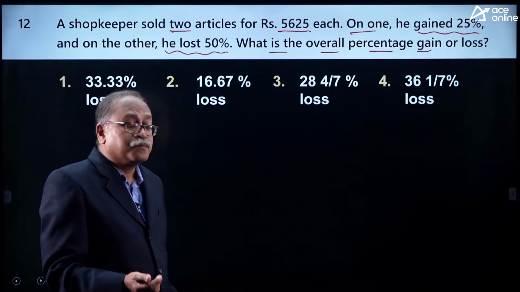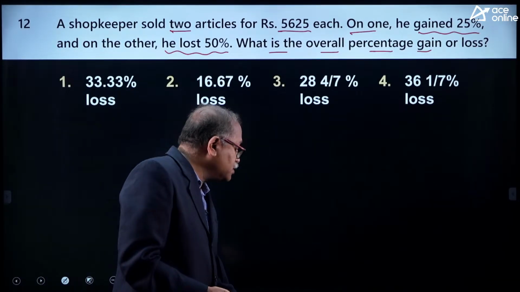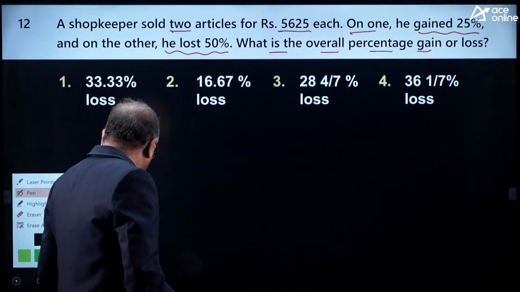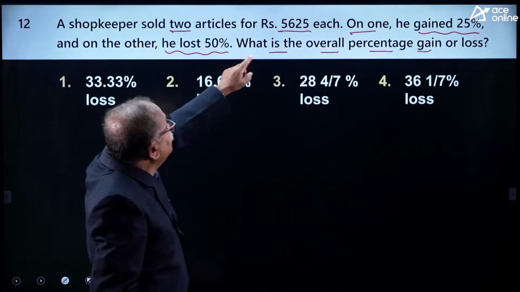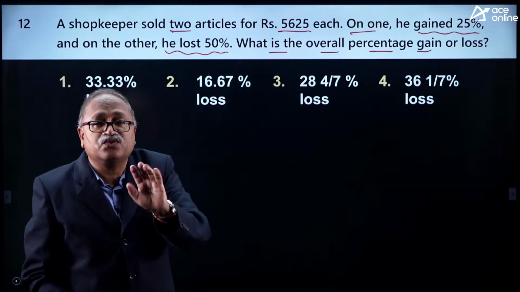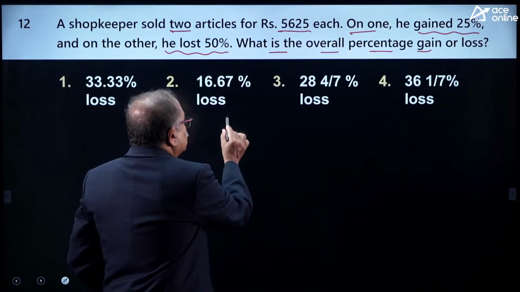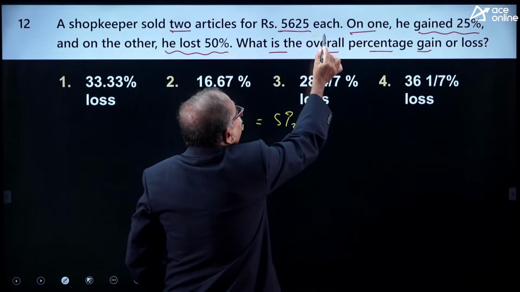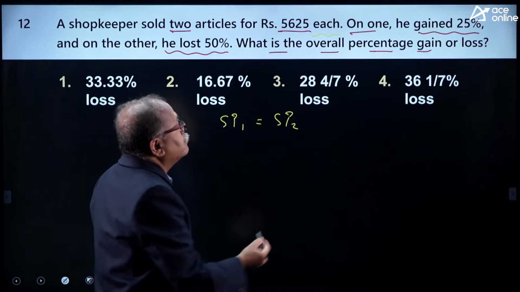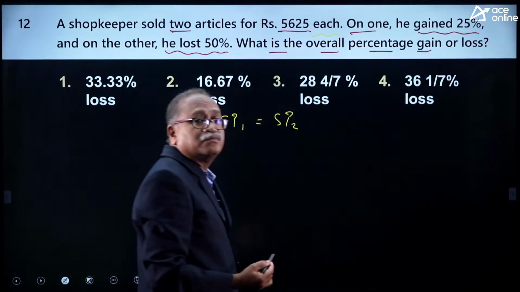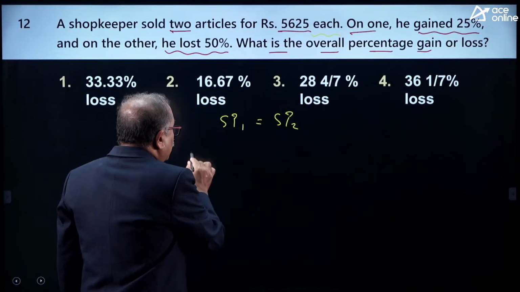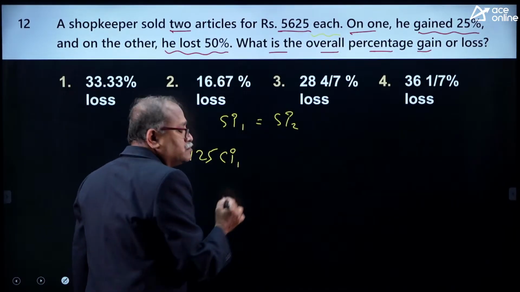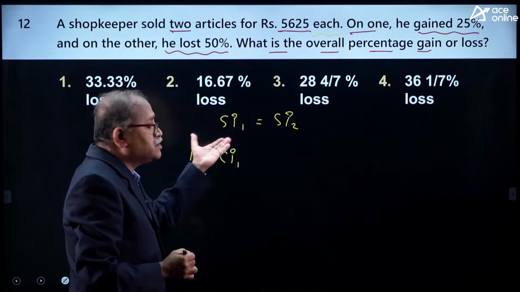Look at this one. How should I answer this question? This is not based on the concept. Now, as selling price 1 is equal to selling price 2, SP1 is equal to SP2 each. So, in one he gains 25%, so 125% of CP1. The selling price is the same.